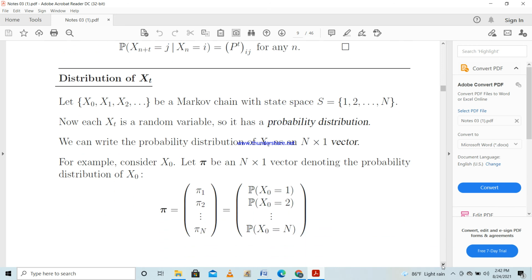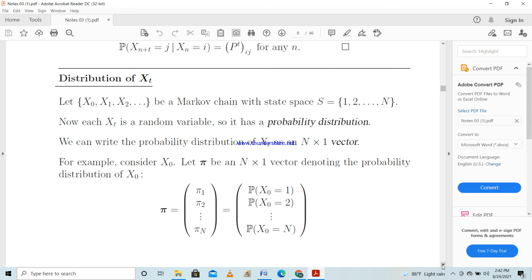And the next thing that we are going to discuss is the distribution of X_t. So if you take X0, X1, X2, and so on, and this Markov chain has n number of states, then X_t is a random variable, right? So it has a distribution.